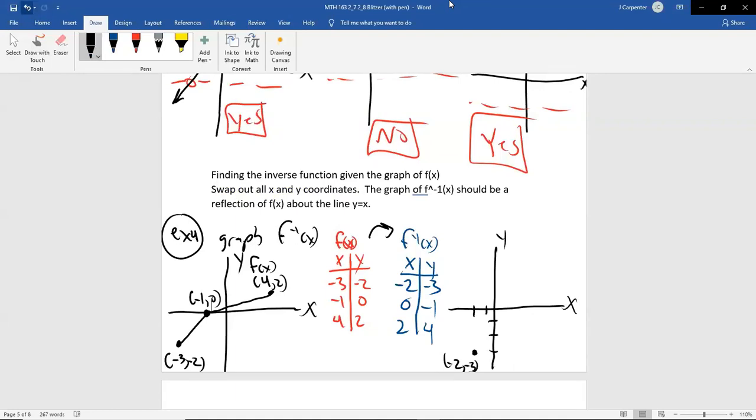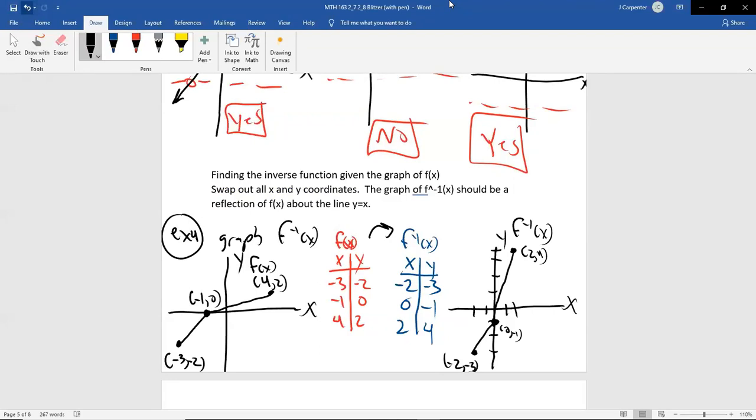Then the point (0, -1) is left to right 0 and down 1. So there's our (0, -1). And then (2, 4) would be right 2 and up 1, 2, 3, 4. Then connect, connect. Now don't try and make that just one straight line because this did not look like one straight line. So here is our graph of the inverse function.